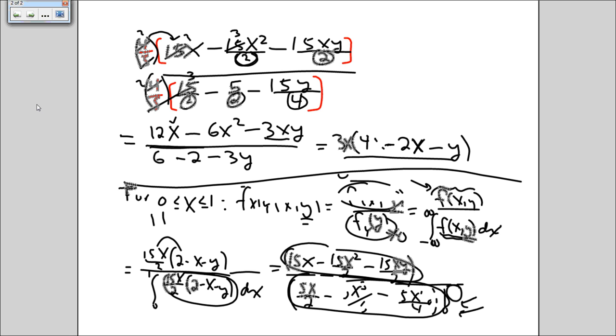And I divide this by, well, 6 minus 2 is 4 minus 3y. There is your answer. Let me write down the bottom. 4 minus 3y.